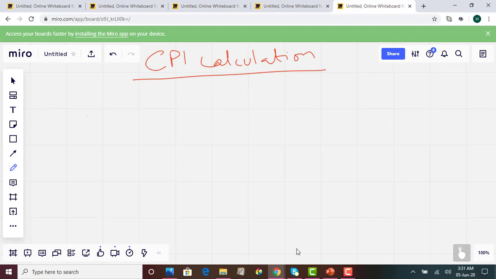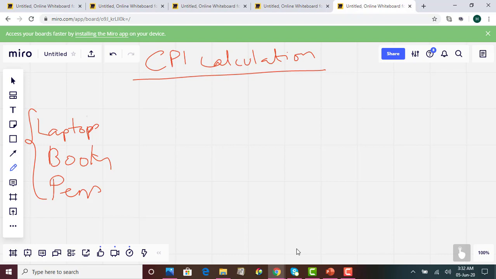There are three types of goods: laptops, books, and pens. When we say we look at a basket of goods, that's what we're doing. In our basket of goods, we have selected these three goods.